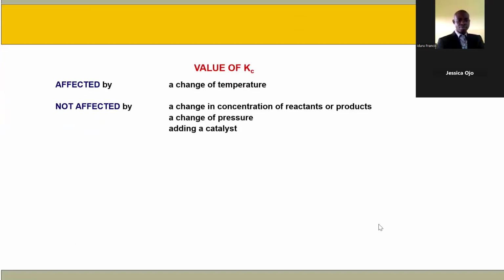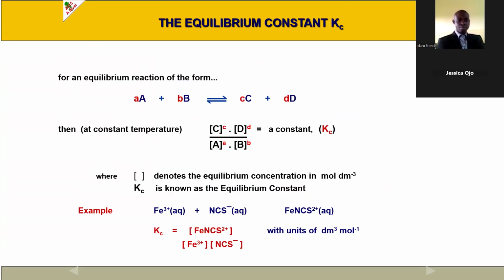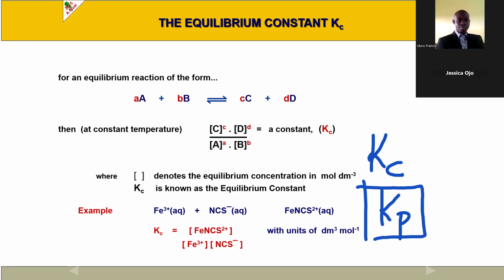I know you write partial pressure as P, then the bracket. Kp is not like this. I think it's a capital P. There's a place where we'll talk about it.